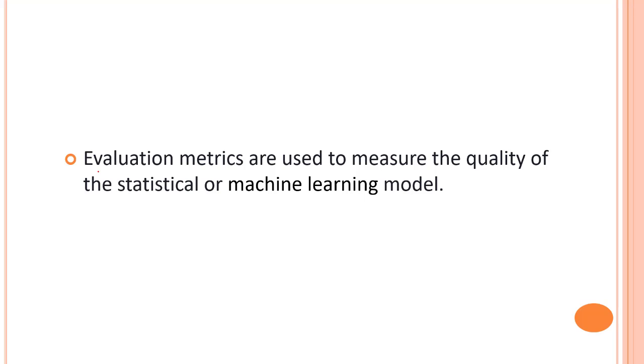It is very important to use multiple evaluation metrics to evaluate our model. It will tell us how good our model is and how good it is at predicting our data.